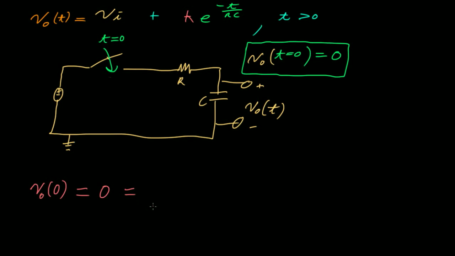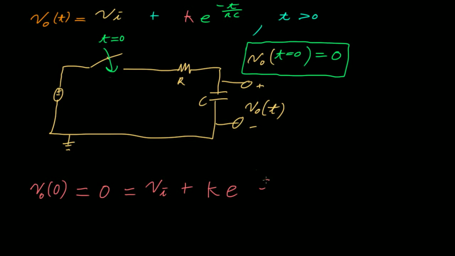So I'm going to say 0 is equal to Vi plus the constant k that we are now trying to solve for, times e raised to the minus 0 divided by RC.